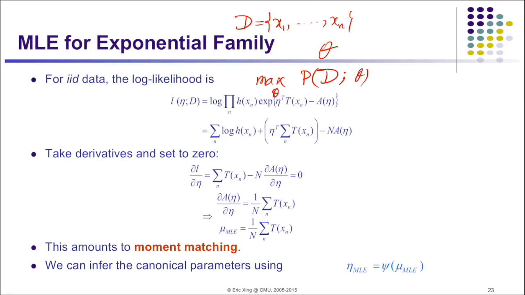And because they are IID, I can write it as a multiplication. There is no difference between maximizing this or maximizing any monotonic function of it.